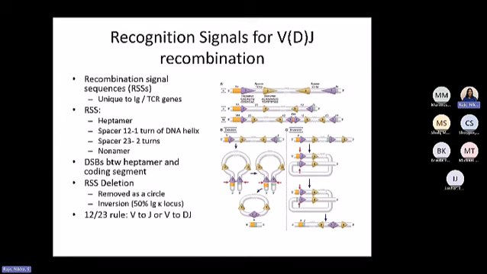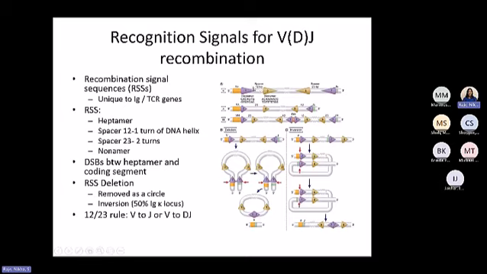Recombination signal sequences have very specific structure. They include a heptamer that has certain bases. You see the structure here. That's called a heptamer because it has 7 bases. And then there is a spacer.